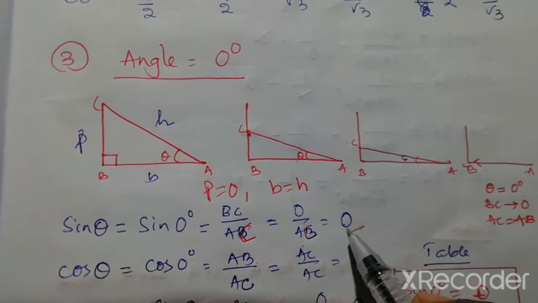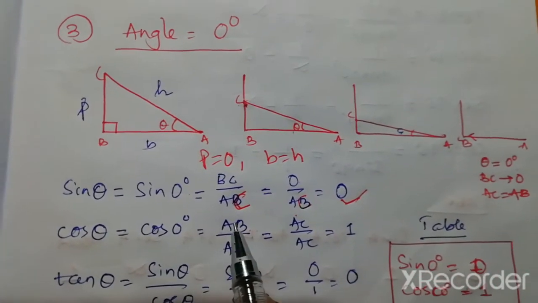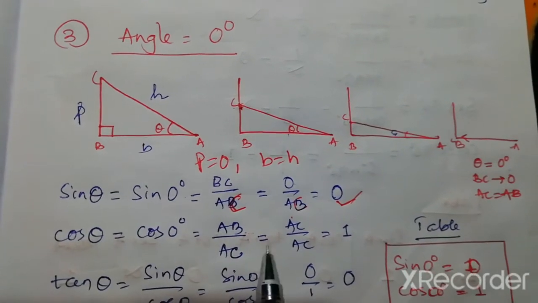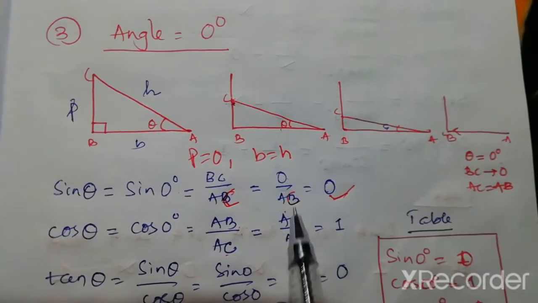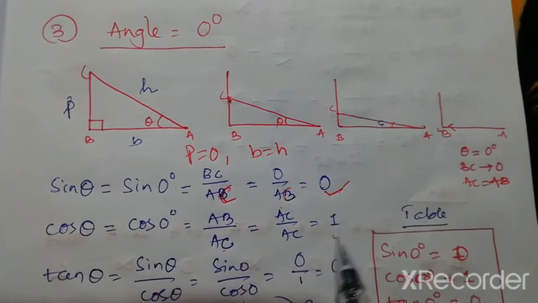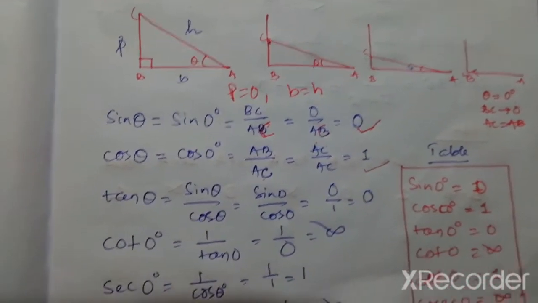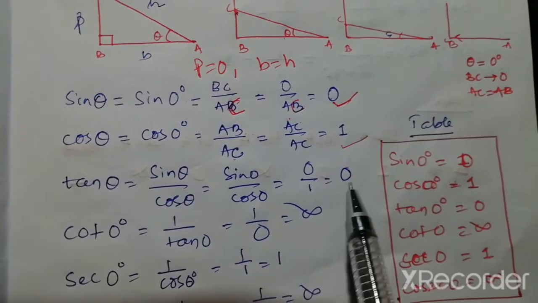This one is 0. Okay. Then cos theta. Cos 0 is this one, AB. B by H. B is equal to H. B is equal to AC, so AC by AC is equal to 1. So cos 0 is equal to 1. Then tan theta is equal to sin theta by cos theta. Sin theta is 0 by 1, 0.